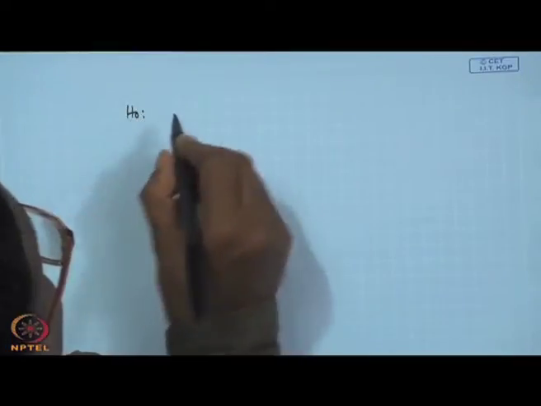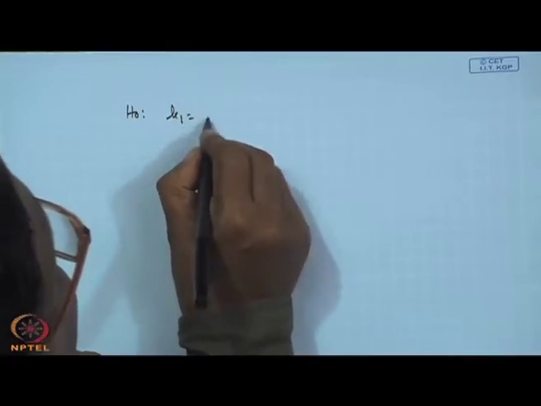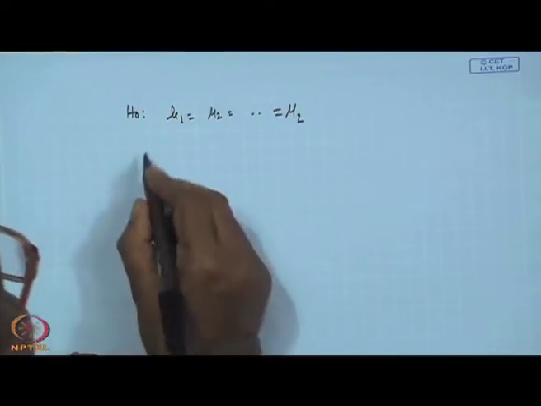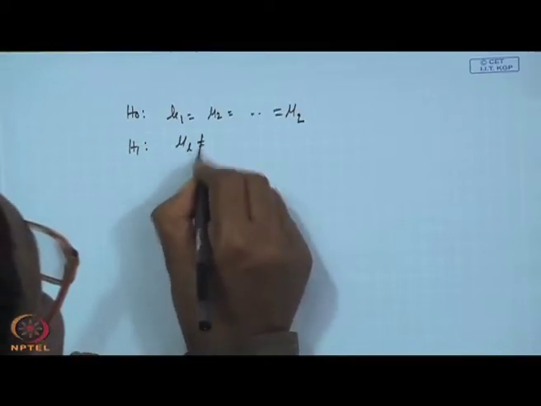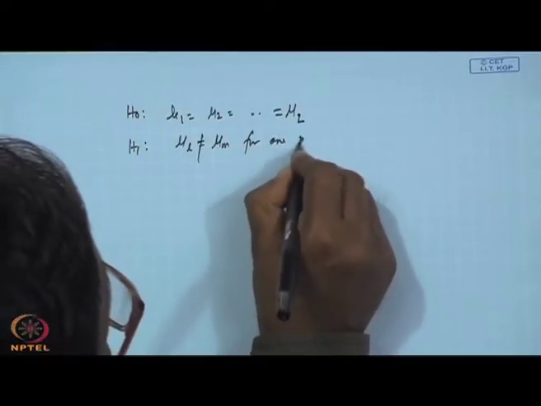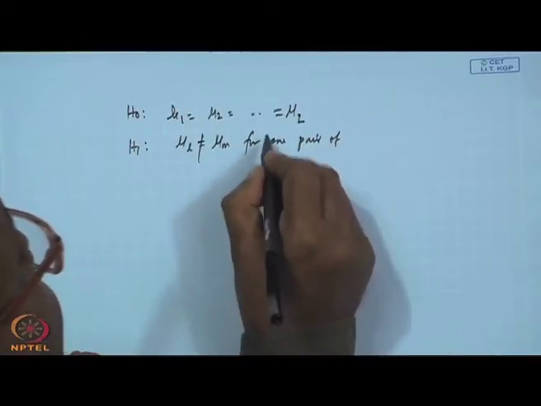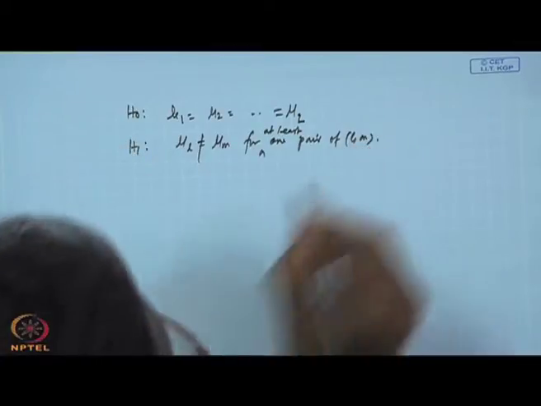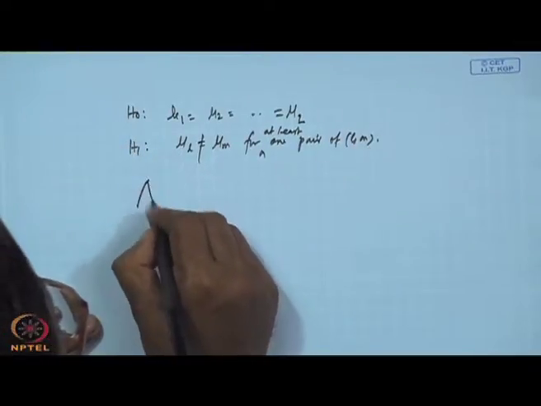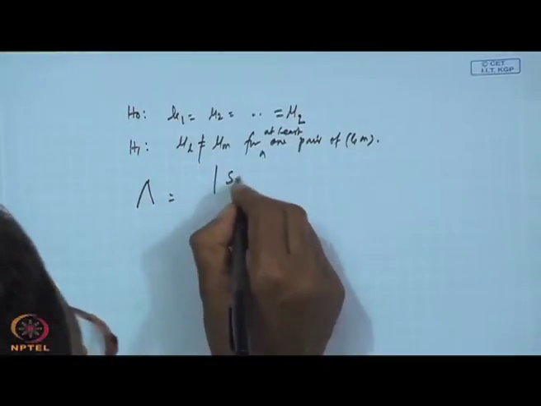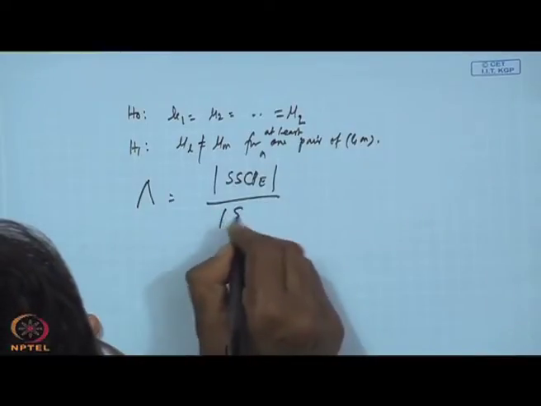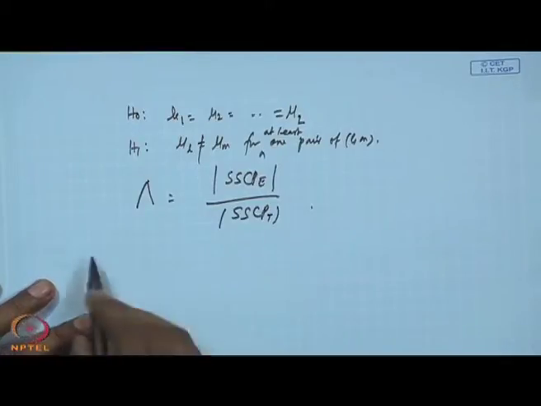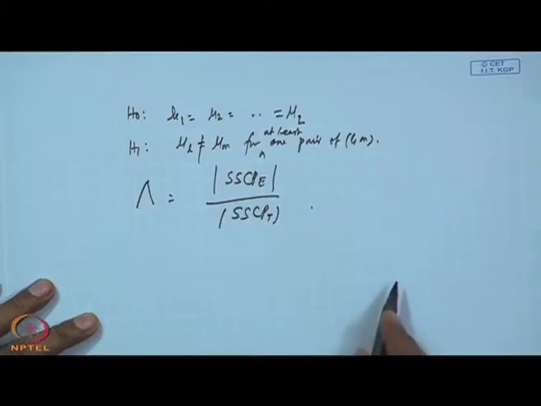And what we have learned so far in MANOVA is that we test a hypothesis. That hypothesis was mu 1 equal to mu 2, like this, equal to mu L, and the alternate hypothesis was mu L not equal to mu M for at least one pair of L, M. Then we created Wilks lambda, which is the determinant of SSCP E by the determinant of SSCP total, and we created another statistic that follows a chi-square distribution.